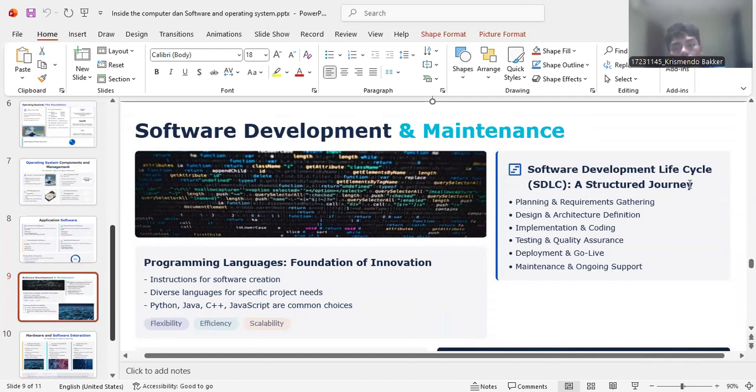Software development life cycle, a structured journey: planning and requirement gathering, design and architecture, implementation and coding, testing and quality assurance, deployment and go live, and maintenance and support.